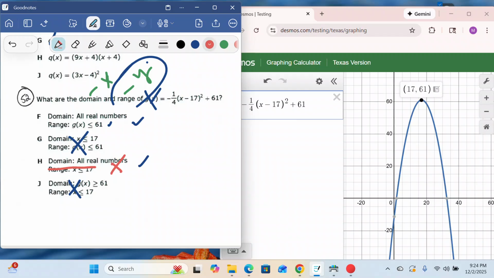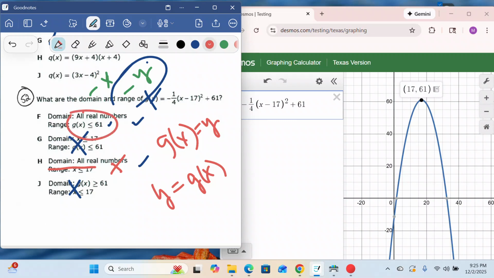Now, is the range g of x? Well, y is g of x. G of x is a fancy word of saying y. G of x is the same thing as saying y. Y is the same thing as saying g of x. And they're saying y is less than or equal to 61 right here. Is y less than or equal to 61?